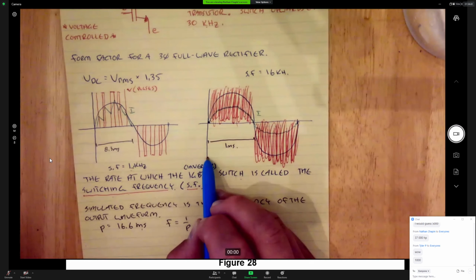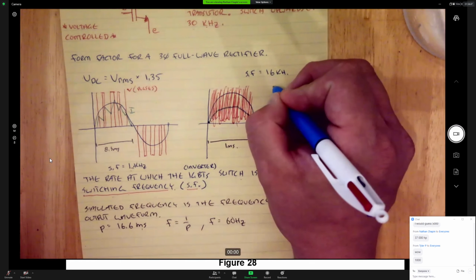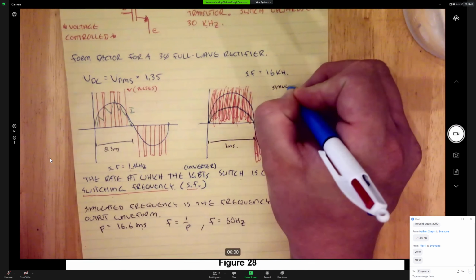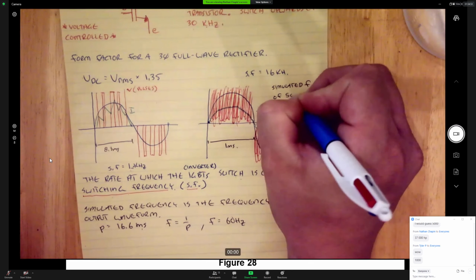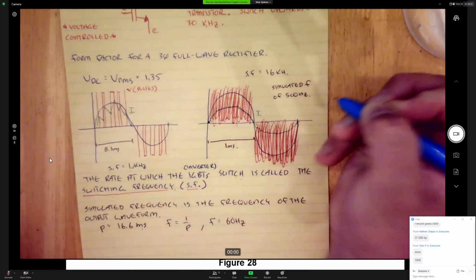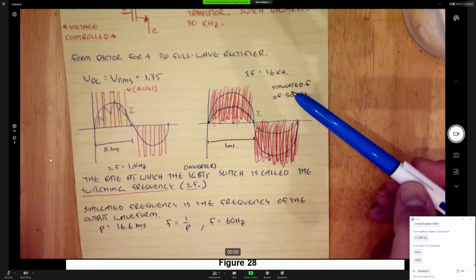This right here, 1 millisecond, gives me a period of 2 milliseconds, gives me a simulated frequency of 500 hertz, which is also the maximum output simulated frequency on this drive.